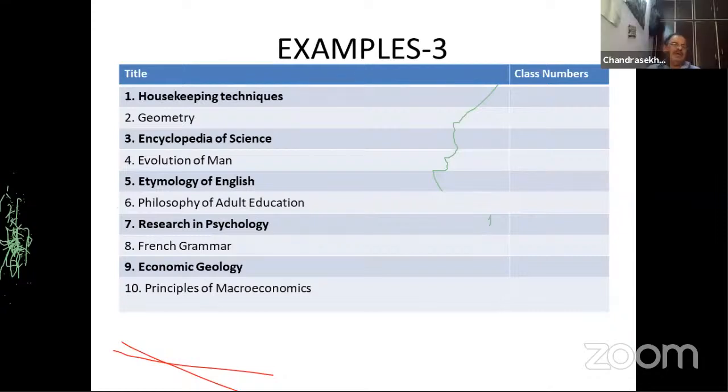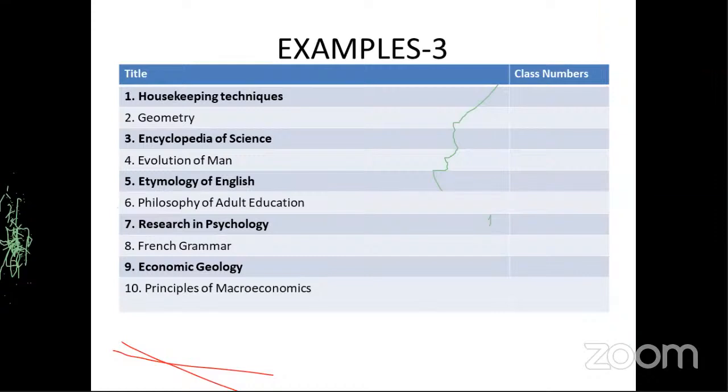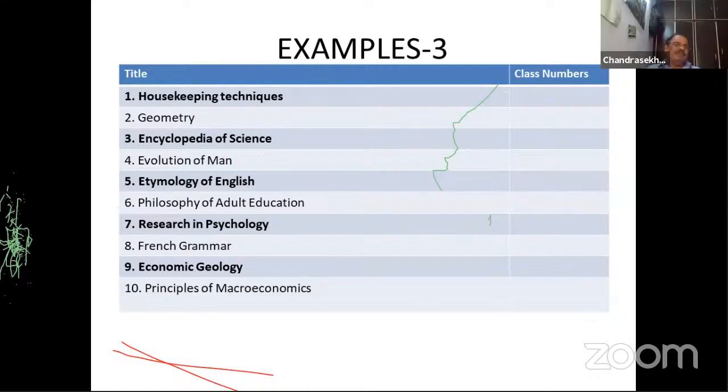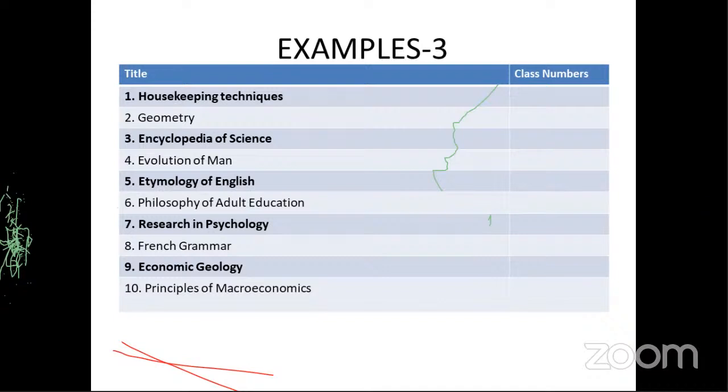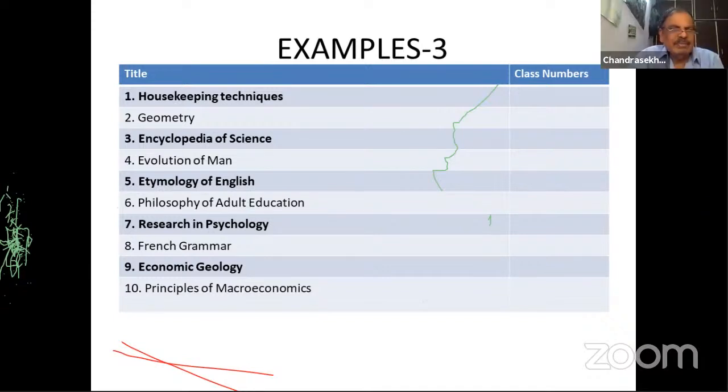To that you only have to add grammar, 5 for grammar. So simple. Okay? Yeah, simple. Like that. Tamil, I will give you a number.